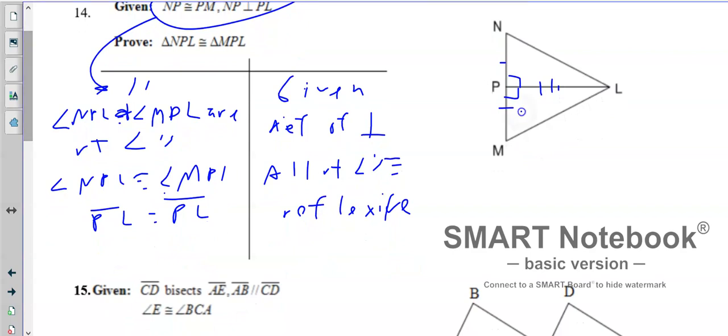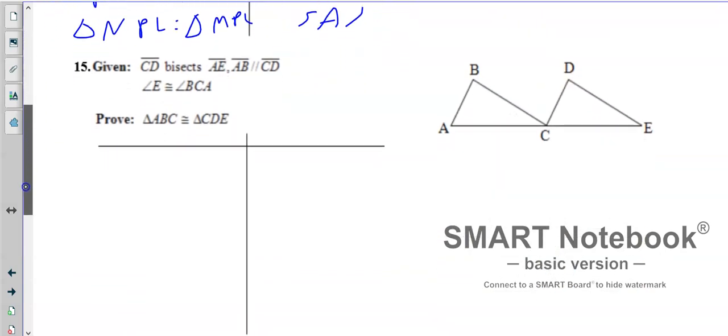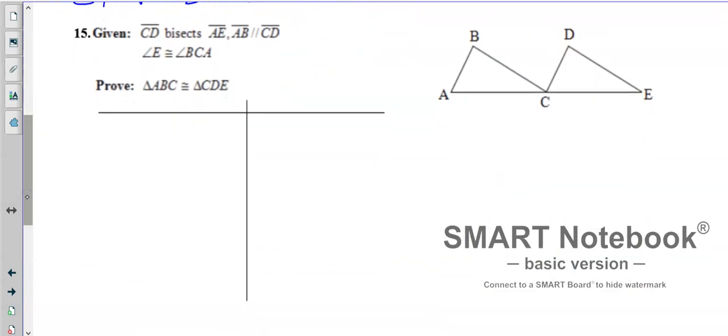And now I have SAS. So I can say that triangle NPL is congruent to triangle MPL by SAS. Need to pause this at any time, go ahead and do that.